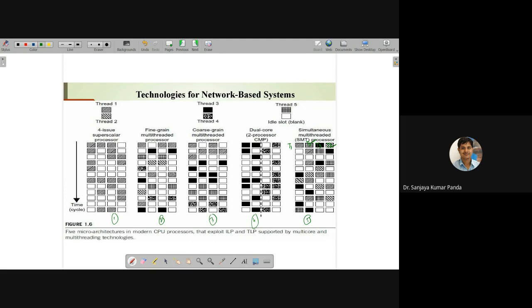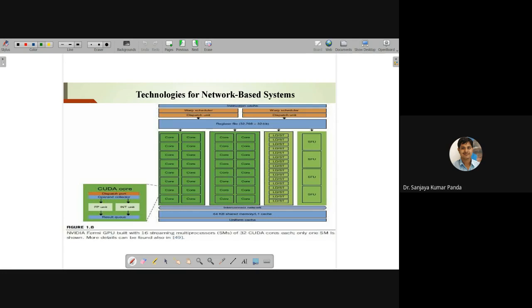If you see this GPU architecture, here you can see, it is a simple example of a GPU that is having 16 streaming multiprocessors. If you count the number of cores here, it is 8 plus 8. So a total of 16 streaming multiprocessors of 32 CUDA cores.